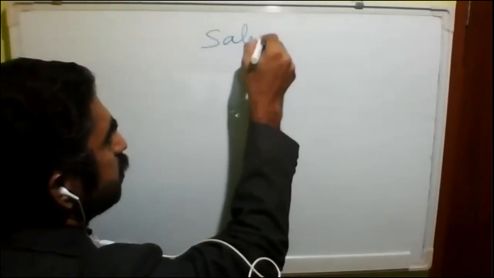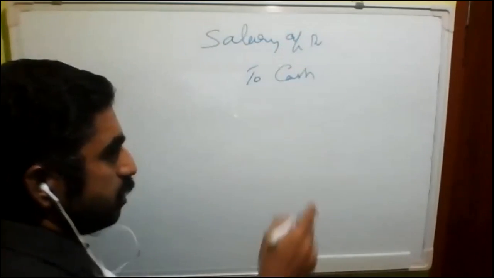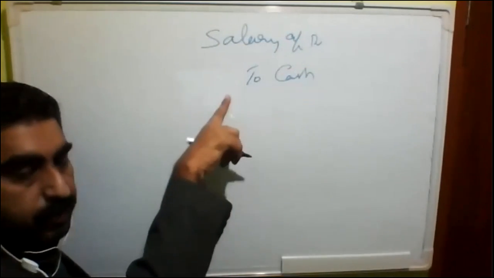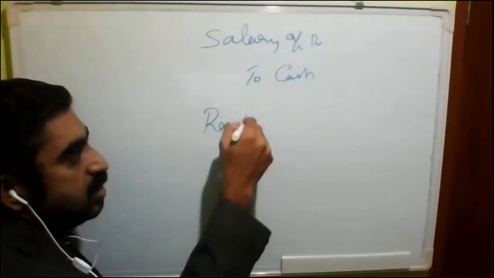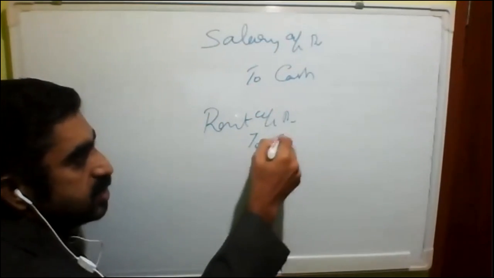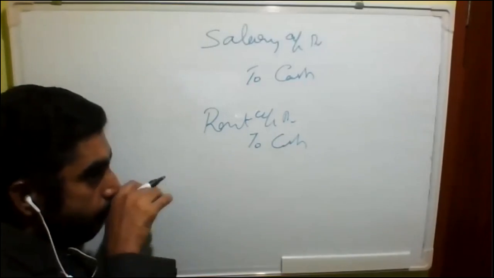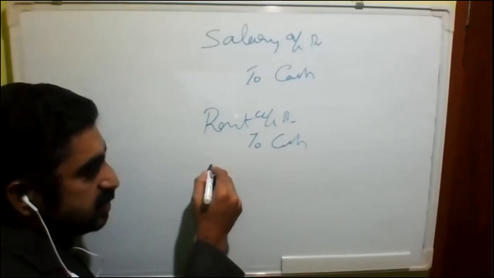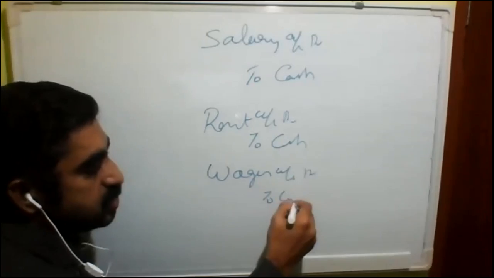Then in such a case, we will pass, for example, salary account debit to cash, the entry for salary paid. Also, rent account debit to cash, rent paid. Then wages account debit to cash, wages paid.